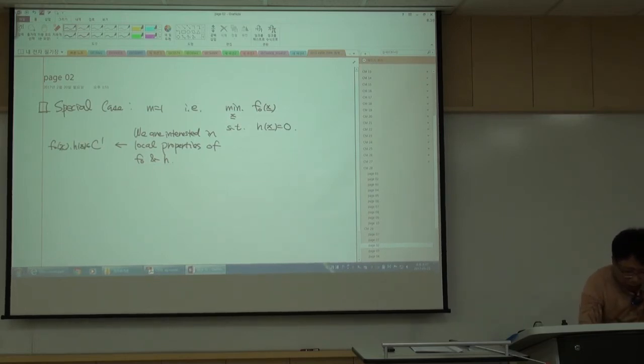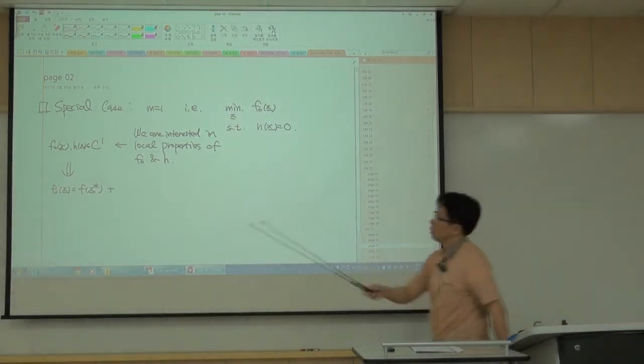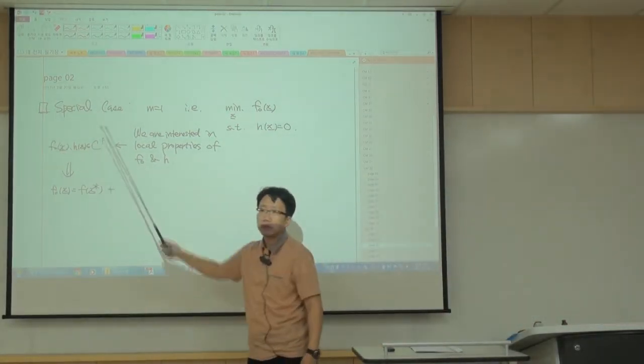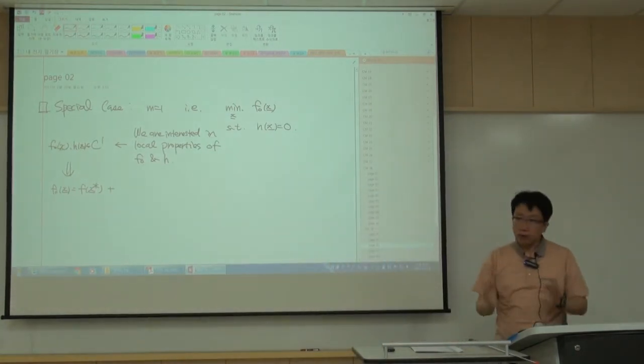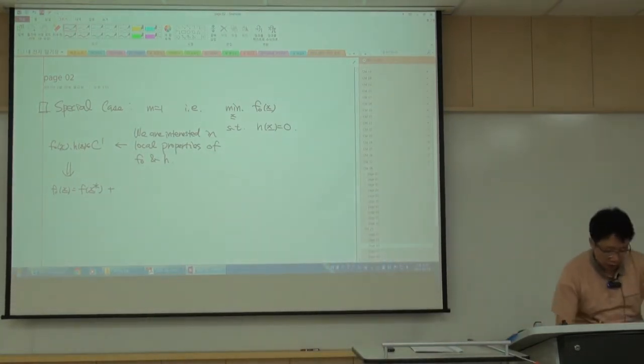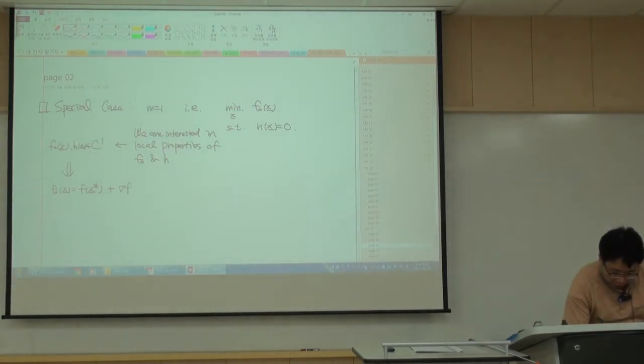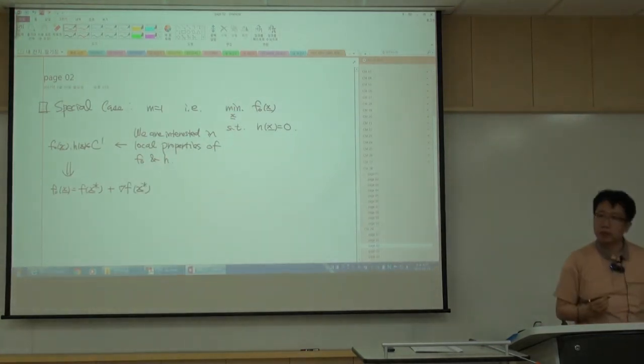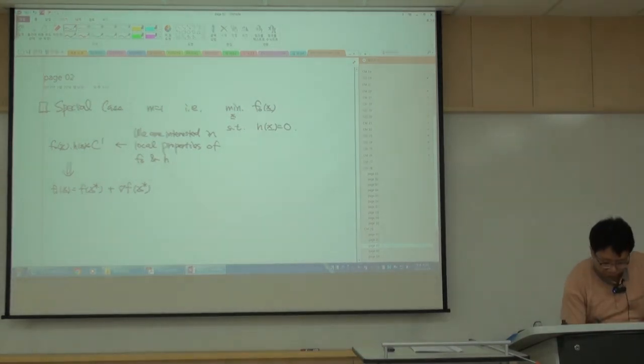So here we need to remember that, suppose we expand at x star. Then what do we have? We have C1, f0. Since we can differentiate f0 once, we differentiate. So here we have the gradient evaluated at x star, transpose, times x minus x star.